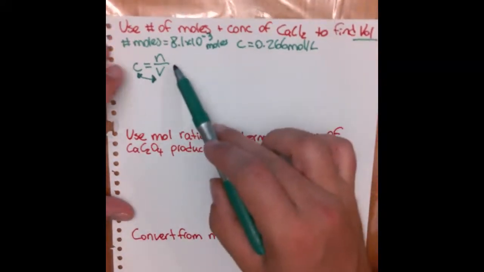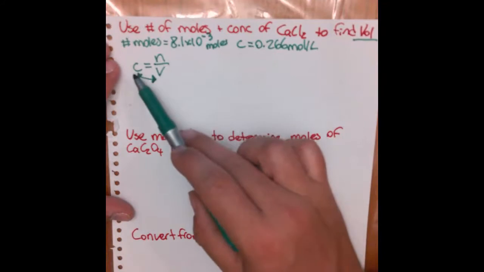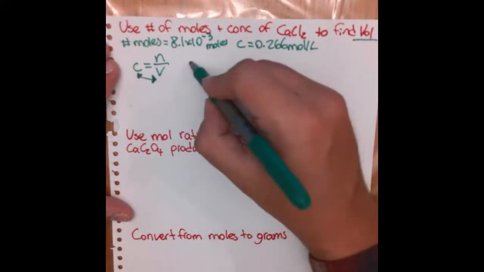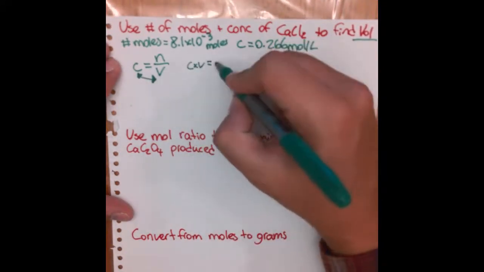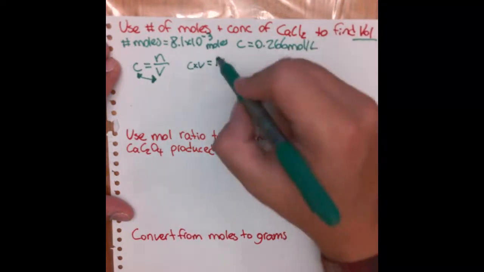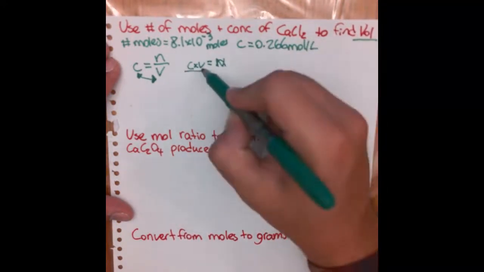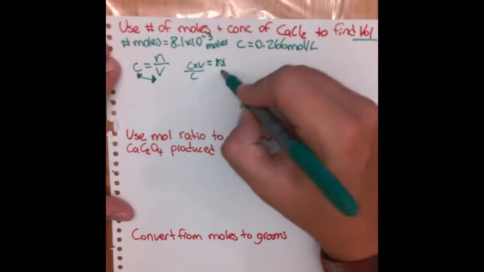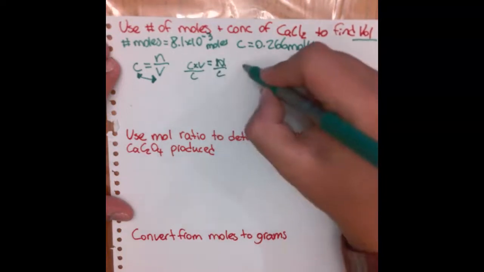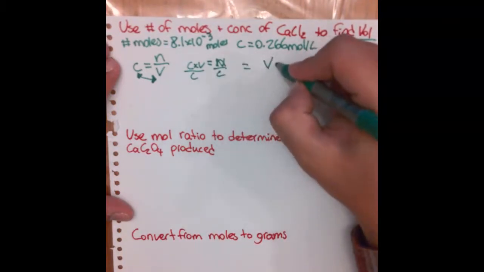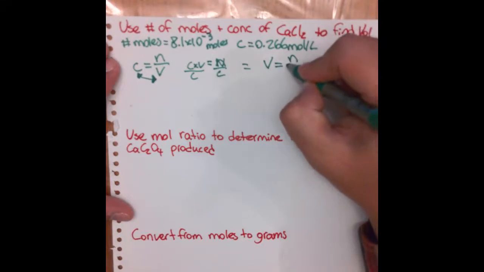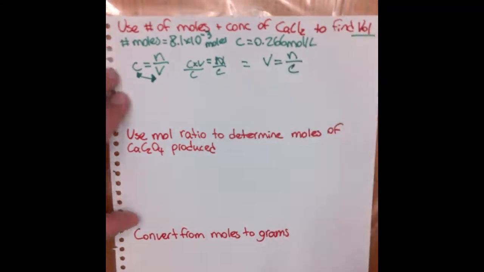We multiply everything by V, which gives us C times V equals n, and then we divide both sides by C to give us volume equals our number of moles divided by our concentration.